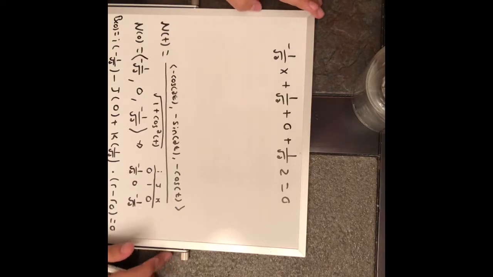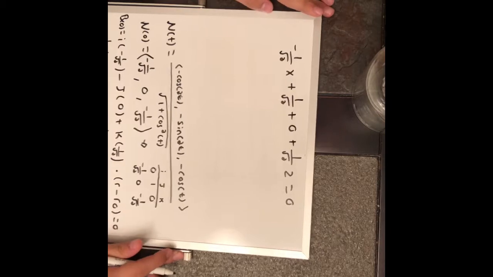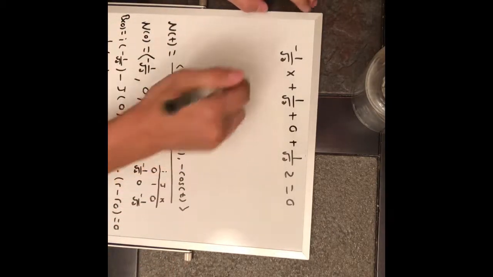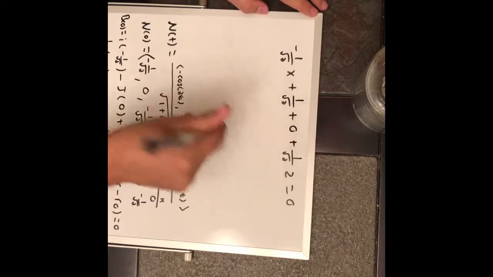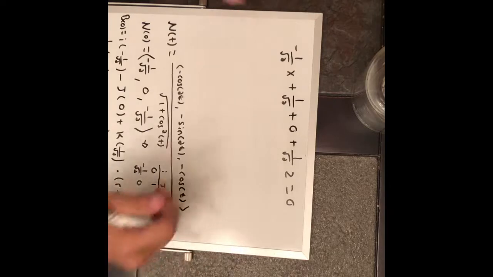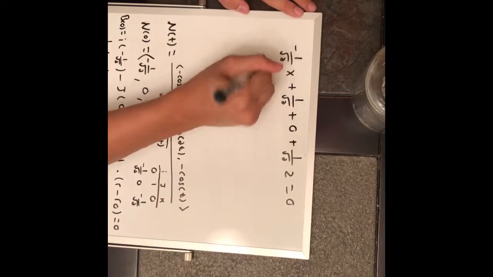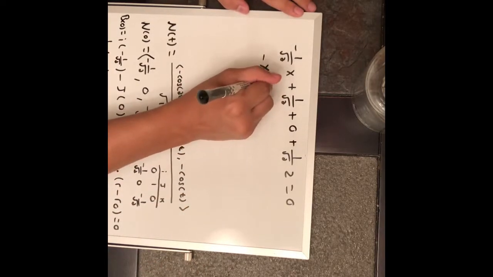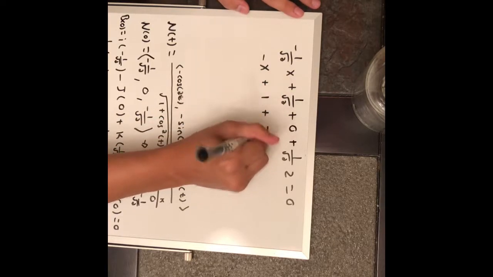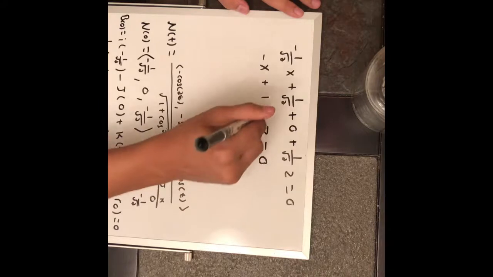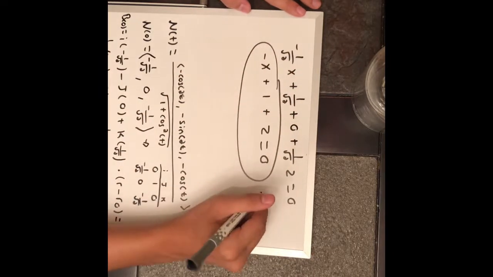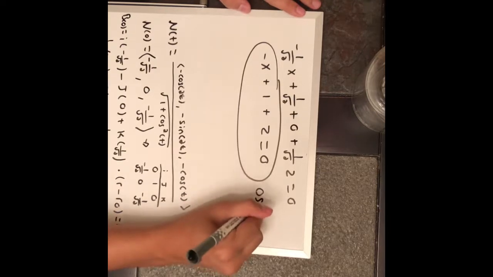And now we can just factor that out. So this is all divisible by 1 over square root of 2. So let's divide it. Eliminate it. We have negative x plus 1 plus z is equal to 0. And this is your equation for the osculating plane.